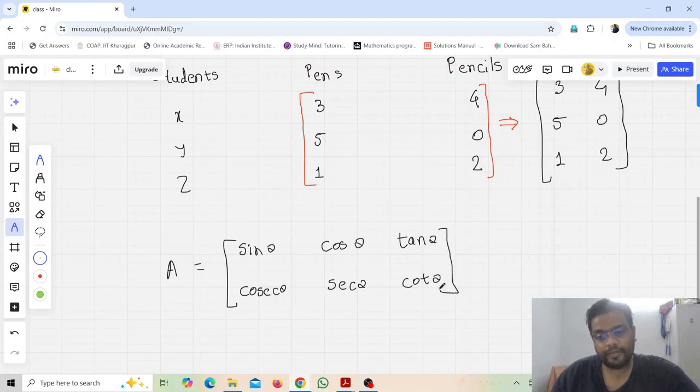What do you see? Yes, that each element of this matrix A is a trigonometric function, which means the elements of a matrix can be a number or a function.